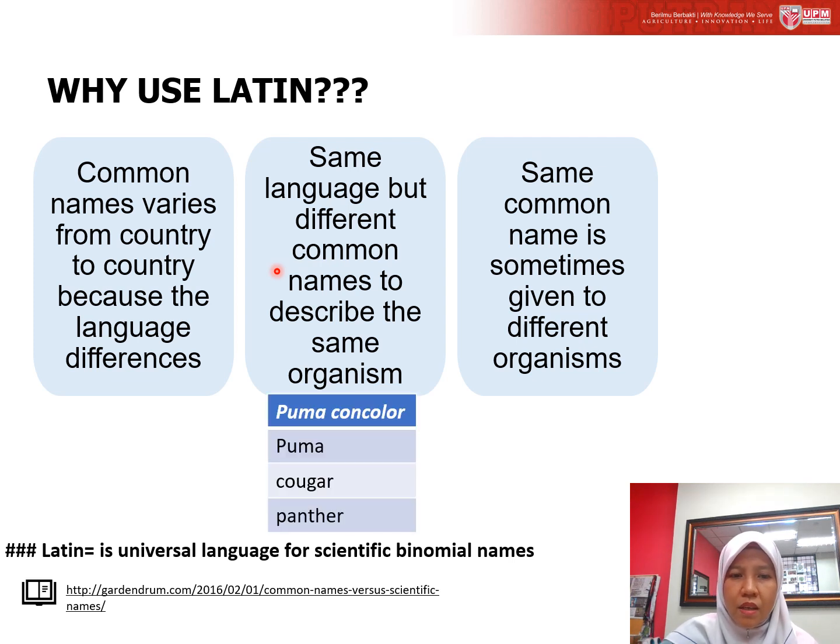For example here, some countries use puma, cougar or panther, but all of these names refer to one species, Puma concolor. And the third reason is that the same common name is sometimes given to different organisms.